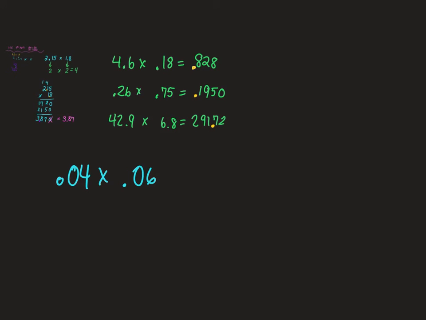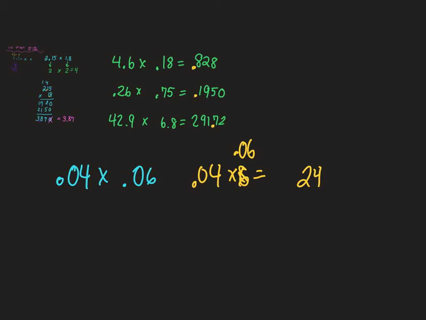All right, let's try this question here in blue. So remember, the first thing I said is forget about the decimals. So if I just did normal 4 times 6, I would end up with 24. But there are decimals, so I need to stick the decimals back in, and I need to do my counting. Oh, I didn't leave myself any room.